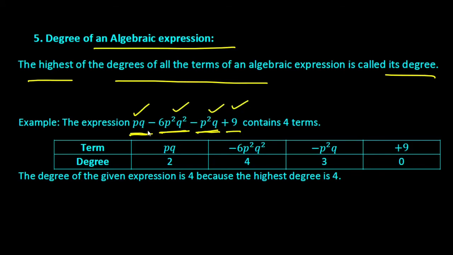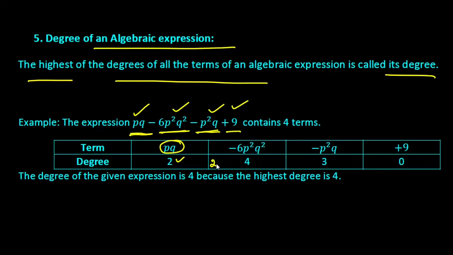Now find out the degree of each term. So for the term pq, the degree is 2. Exponent of p is 1 and exponent of q is 1. So the degree is 2. For this term minus 6p square q square, the degree is 4. Exponent of p is 2 and exponent of q is 2.